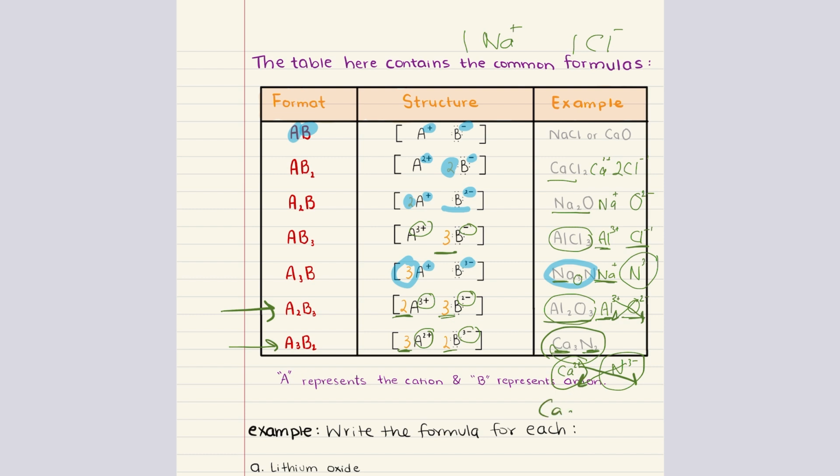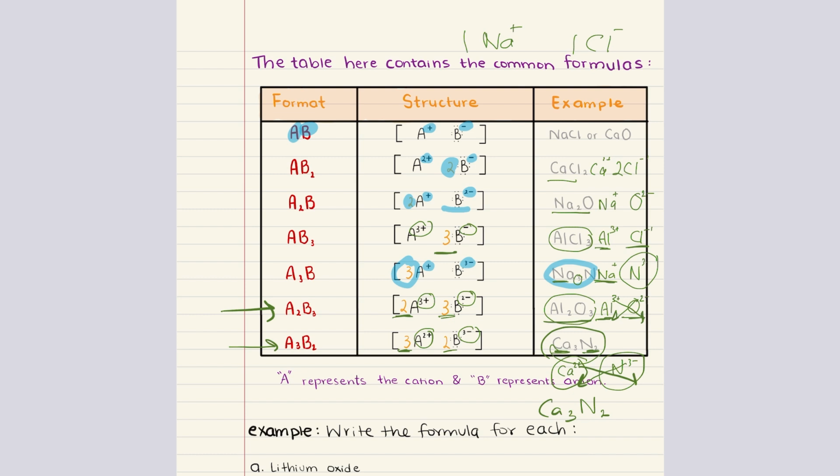So calcium 3, nitrogen 2. With that, these charge balancing rules help us predict and write correct formulas for ionic compounds by ensuring that the total positive and negative charges cancel out to 0.